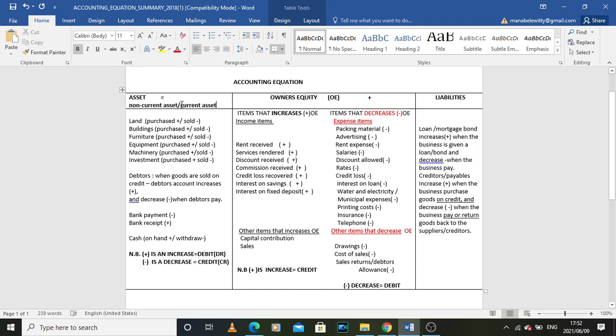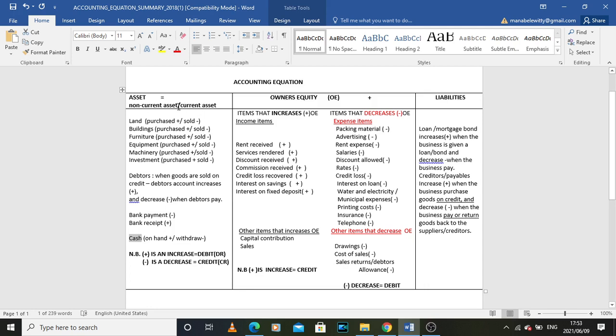What's the difference between the two? Our non-current asset has to do with the following: land and building, furniture, equipment, machinery, and investment. Current asset is your debtors control, your bank, your cash, your inventories, and all those things.